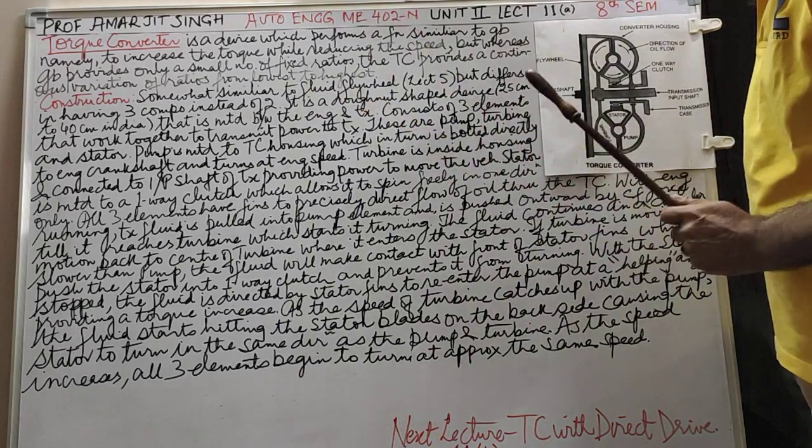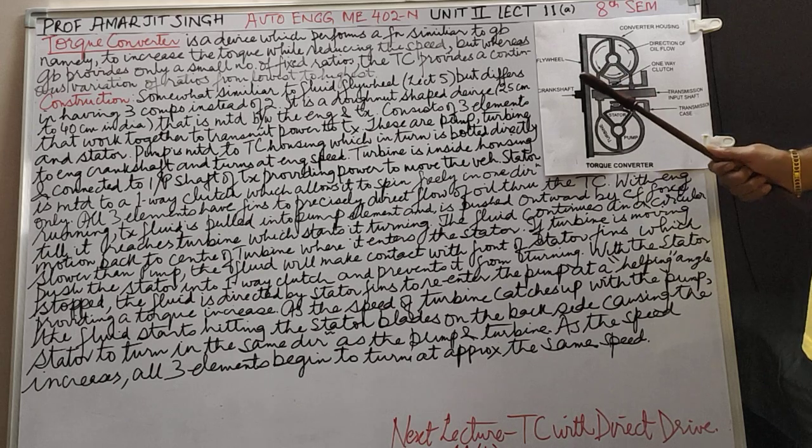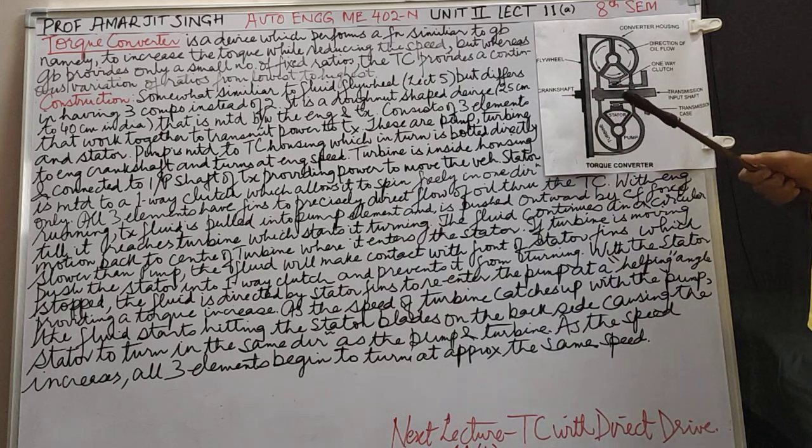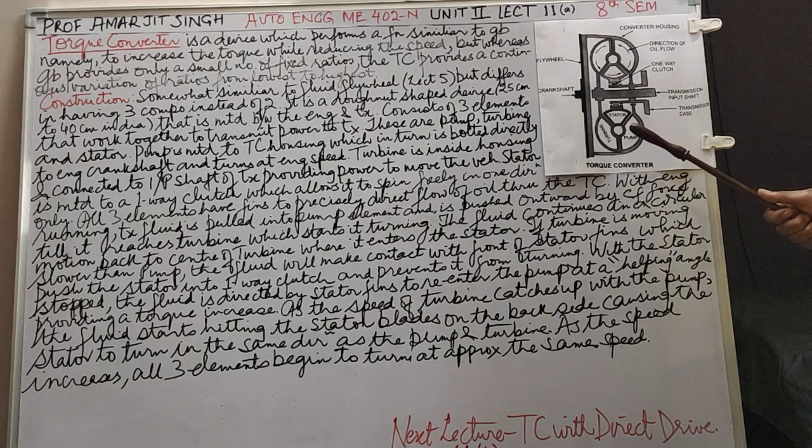So let us see the construction. The torque converter consists of 3 elements: pump, turbine and stator. In the fluid flywheel, which we had studied in lecture 5, there were only 2 elements.